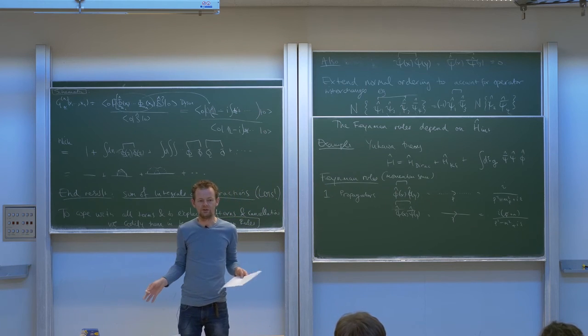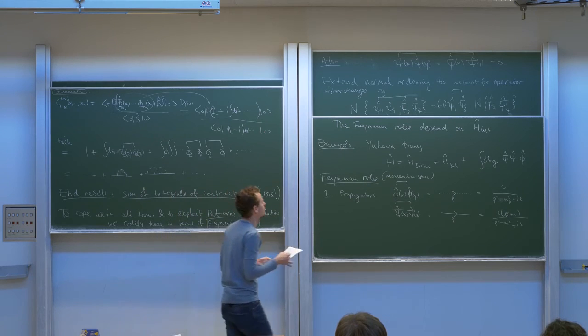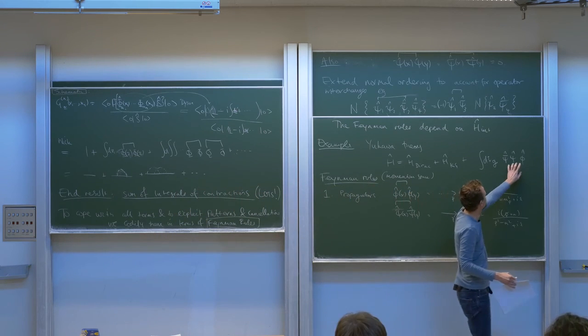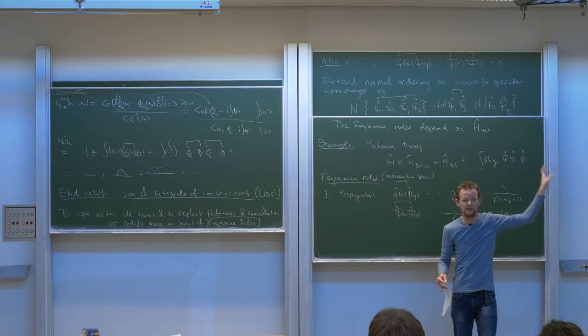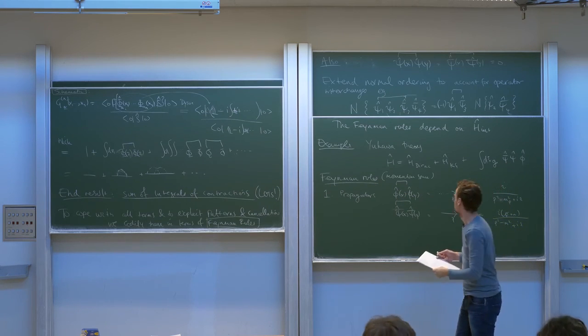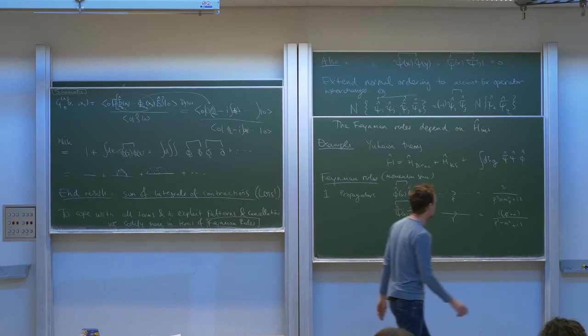When you go through the terms and codify what kind of terms can turn up, you'll notice that you always get cubic terms from the H int, right? You can only have combinations of psi bar, psi, and phi's coming from the H int terms. And so they give degree 3 vertices in these diagrams.